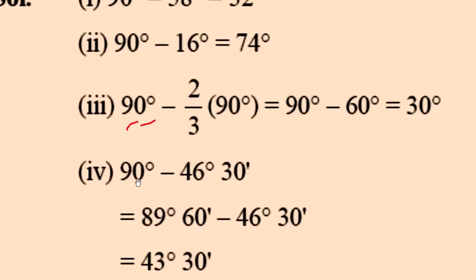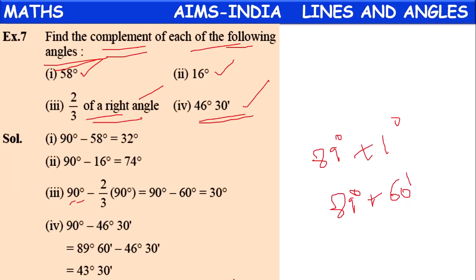So 90 degrees is written as 89 degrees 60 minutes, minus 46 degrees 30 minutes. Degrees from degrees: 89 minus 46, 43. Minutes from minutes: 60 minus 30, 30. So 43 degrees 30 minutes. Like that, for finding the complement, we have to subtract the given value from 90 degrees, and we will get the answers.